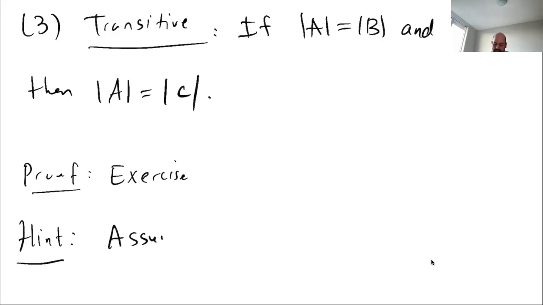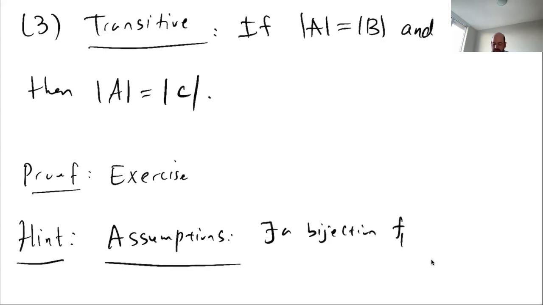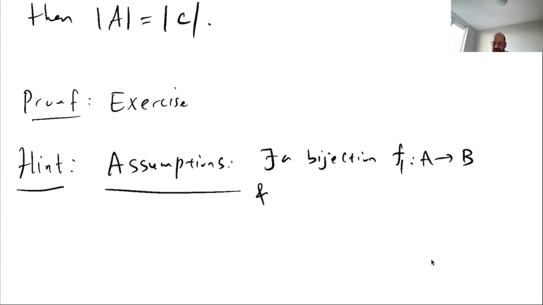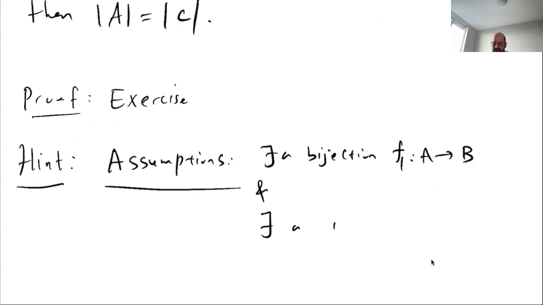Let me write down the assumptions in this case. Cardinality A equals cardinality B. Again, according to the definition, means there exists a bijection, let's say F1 from A to B. And the second assumption is that cardinality B equals cardinality C. So there exists also a bijection, let's say F2 from B to C.